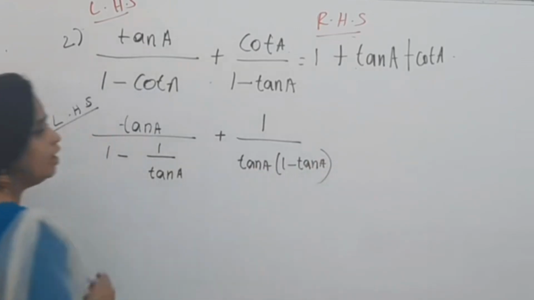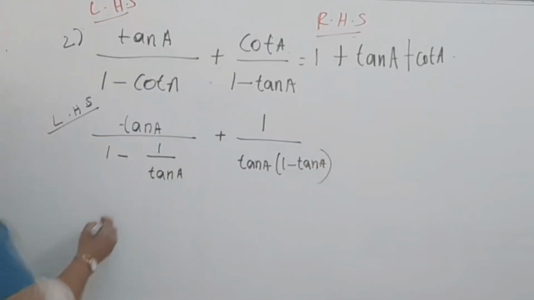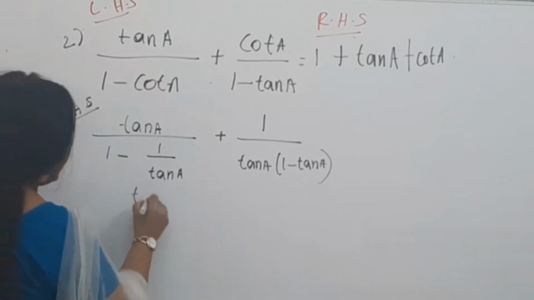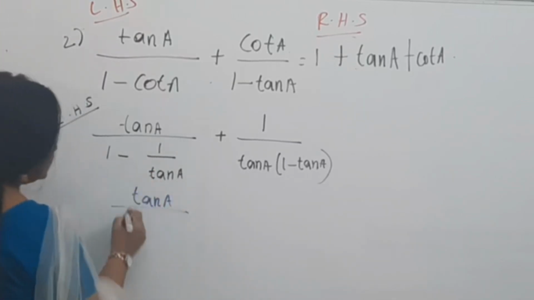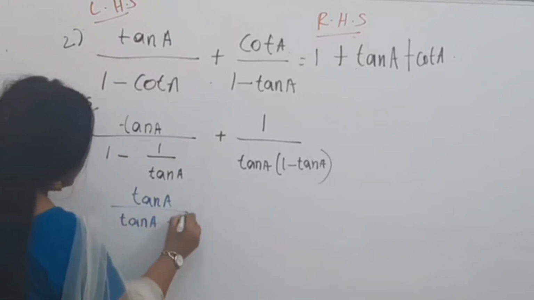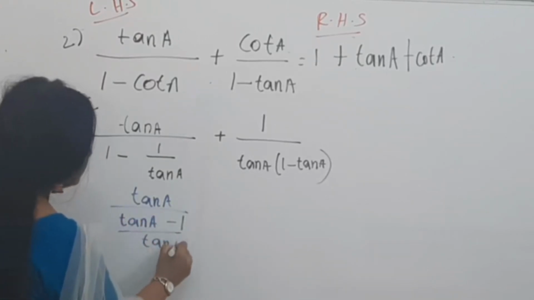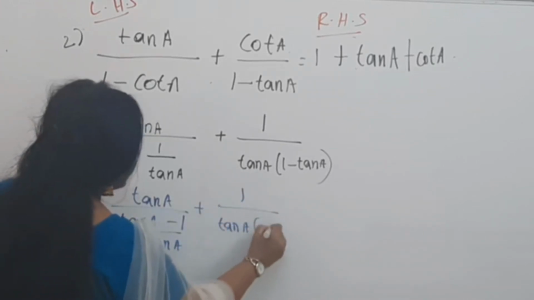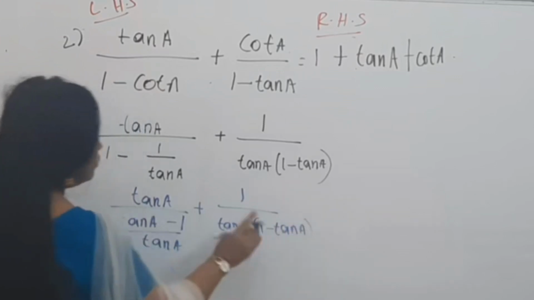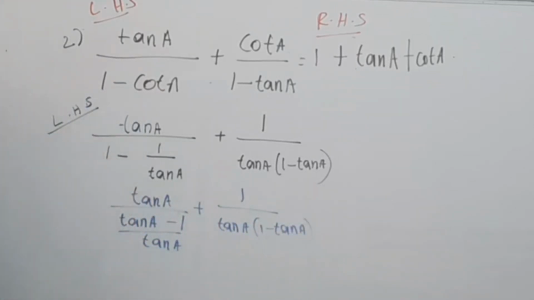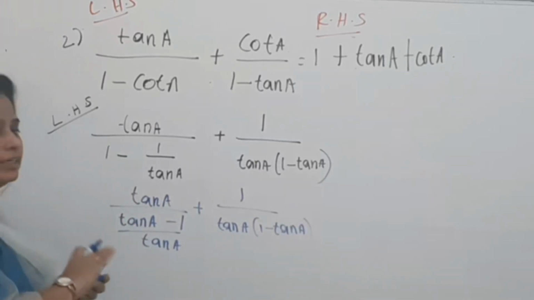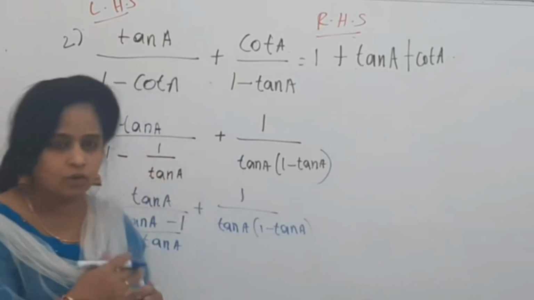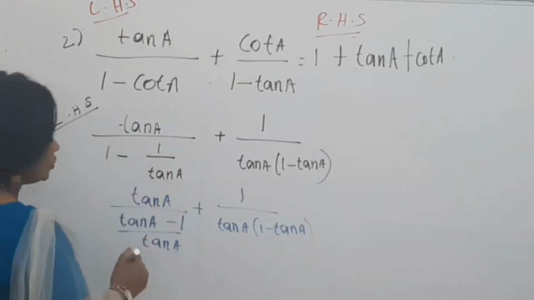Because cot A is 1 by tan A. Now taking the LCM, tan A divided by tan A minus 1 by tan A, plus 1 by tan A into 1 minus tan A. I cannot do anything here, so I keep it as it is. Now this goes to the top. Why? Because division is nothing but the multiplication of the reciprocal. So you know that. So I take this on the top.